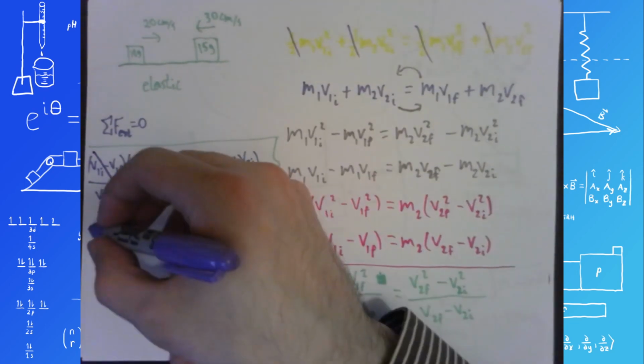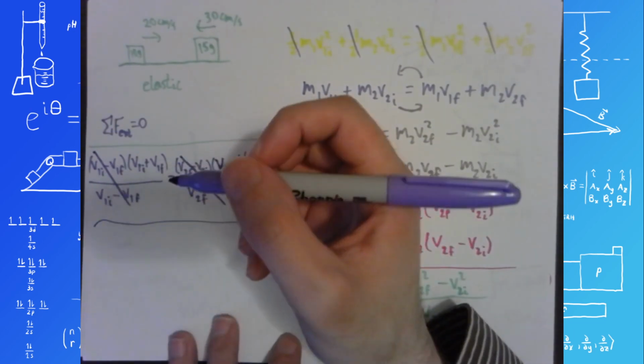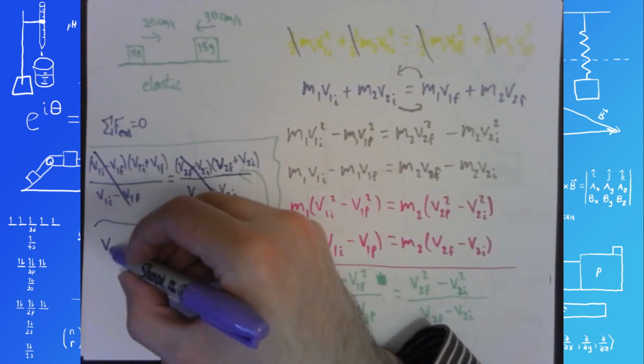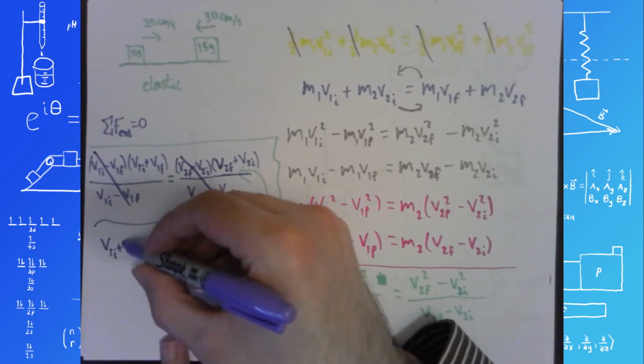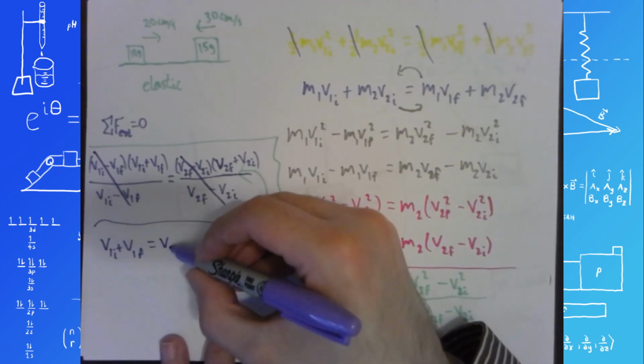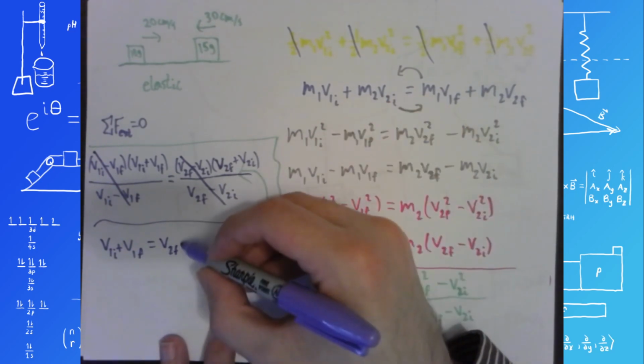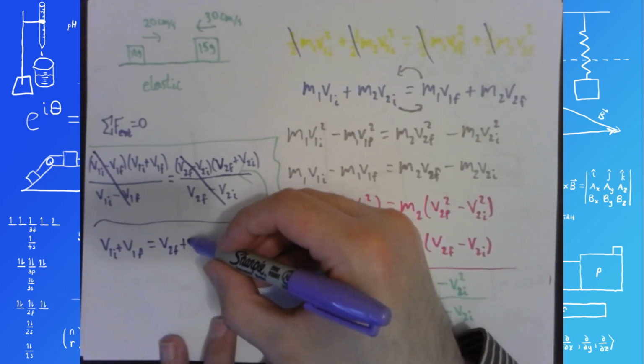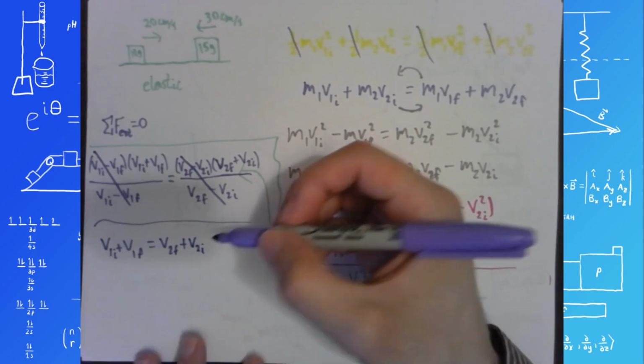And that leaves us with V1 initial plus V1 final equals V2 final plus V2 initial.